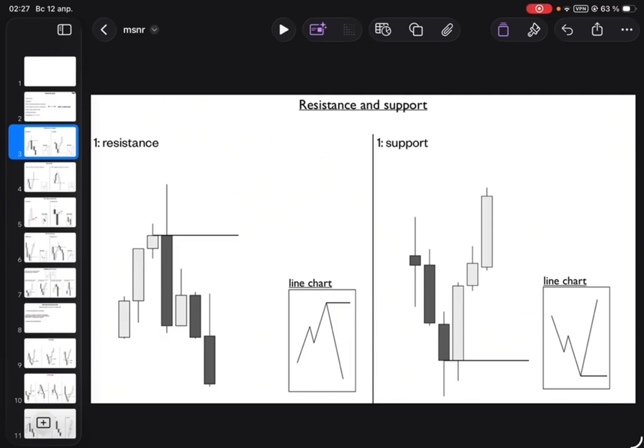Many people enter and get stopped out. First of all, you need to understand that these resistance and support zones are actually a trap invented by market makers. If you don't know how to use these zones correctly, you will never be able to make a profit.